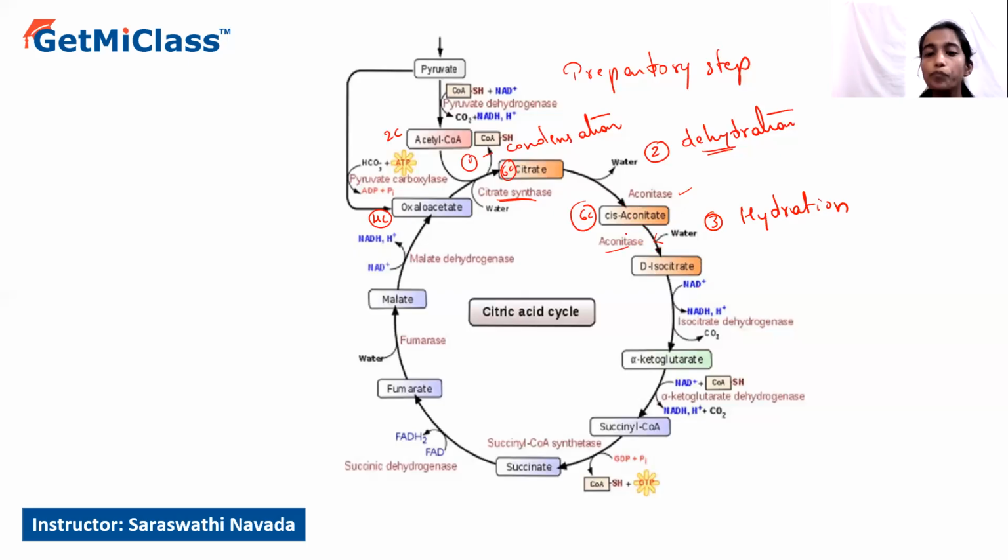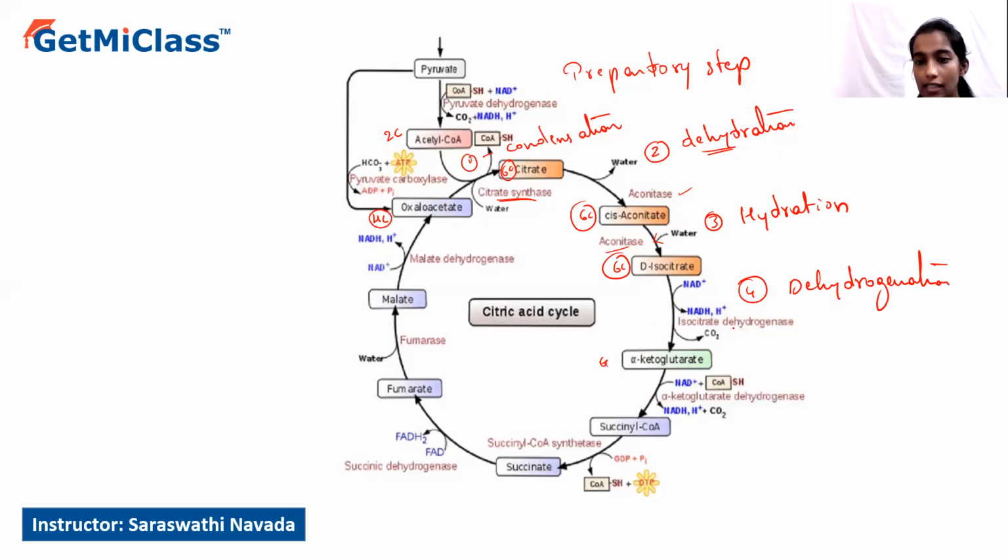So now, once this isocitrate is formed, it undergoes dehydrogenation. So the fourth step is dehydrogenation. Isocitrate is also a 6-carbon acid, and it results in the formation of one more 6-carbon acid here.